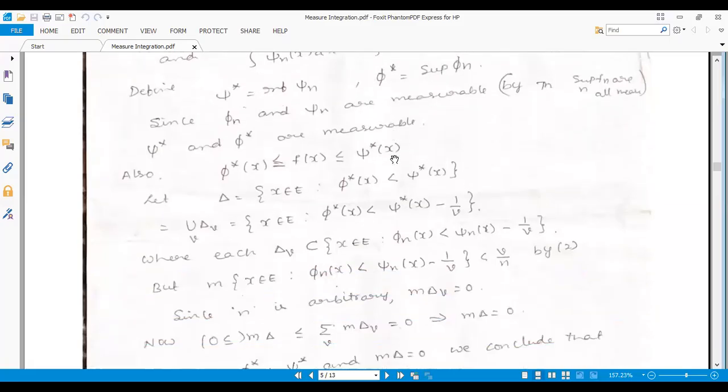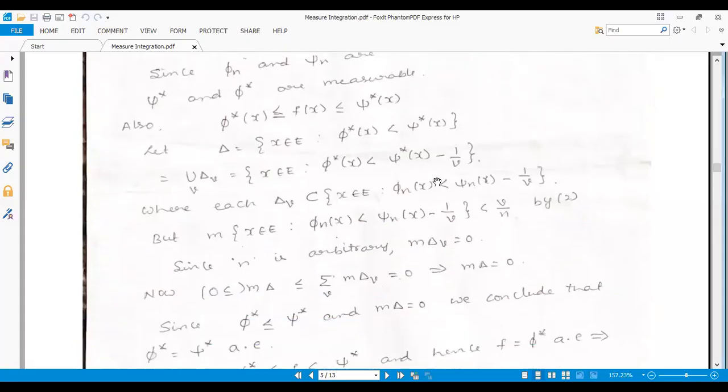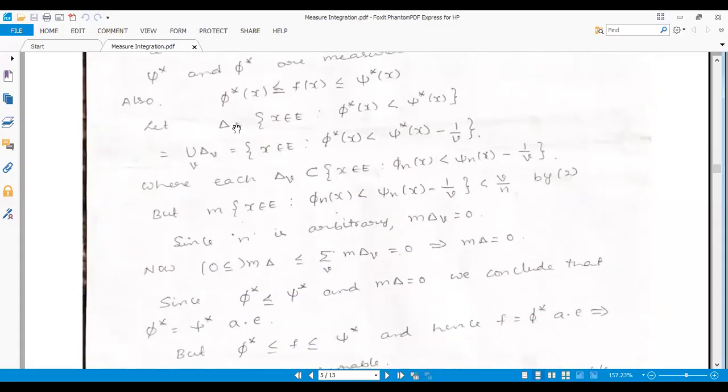Then we can write phi star of x less than or equal to f of x less than or equal to psi star of x. We can define a set delta of all x belonging to E such that phi star of x is less than psi star of x. Then we can take a union and look at the measure of this whole thing.